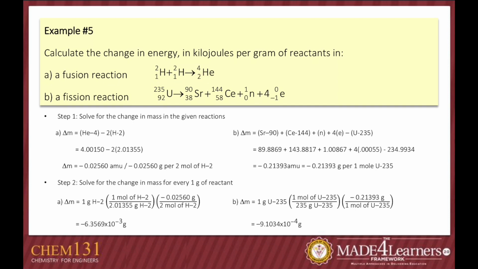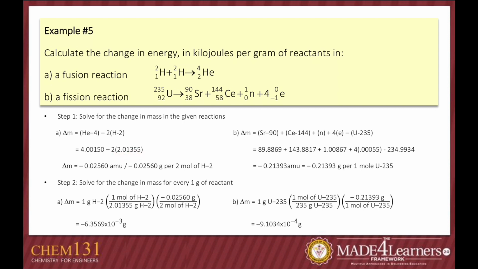And here we have the fission of uranium-235 to produce strontium-90, cesium-144, a neutron, and 4 beta particles. For fusion, we take the nuclear mass of the product, helium, minus the two hydrogen-2.